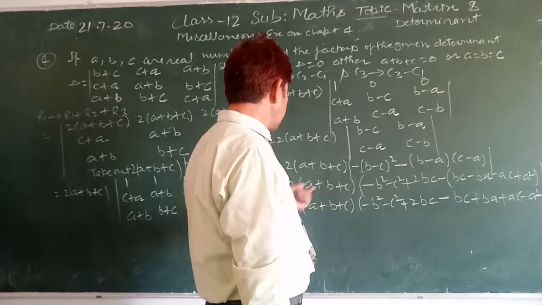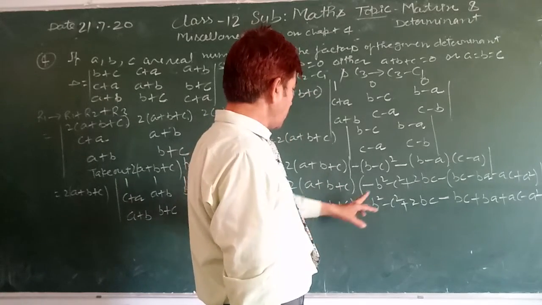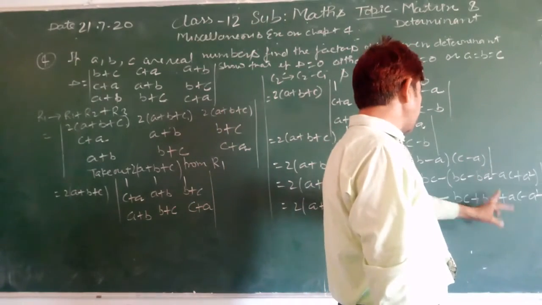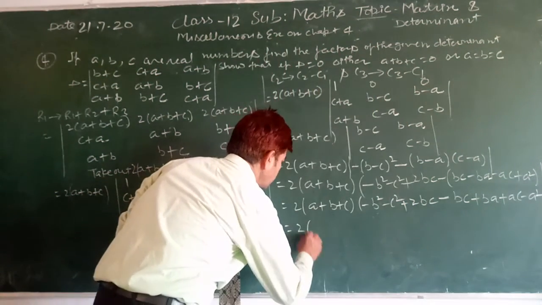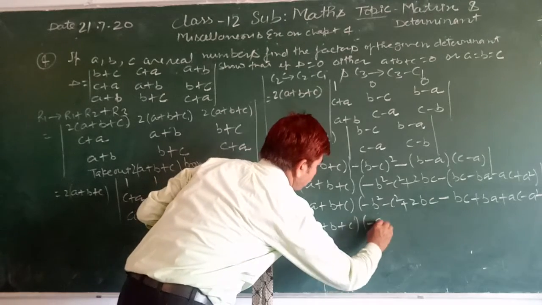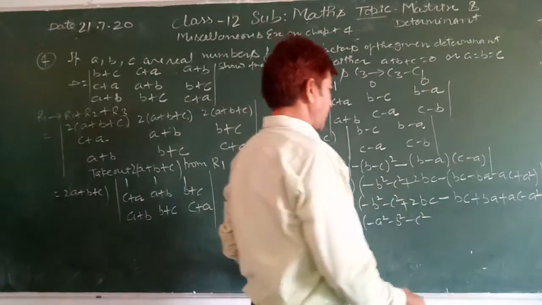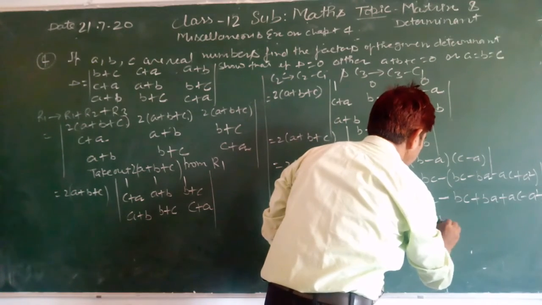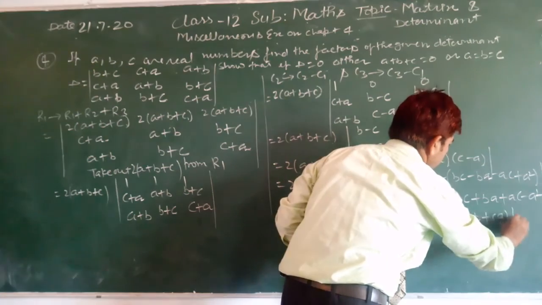On simplification, we get twice A plus B plus C times minus A square minus B square minus C square plus BC plus AB plus AC.